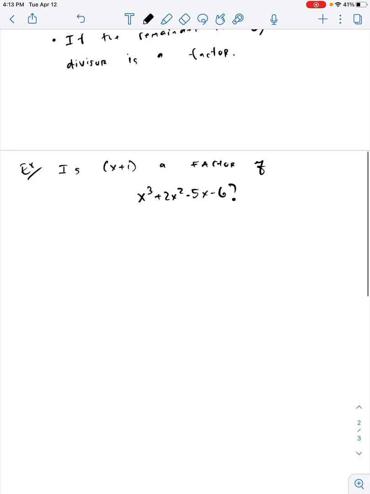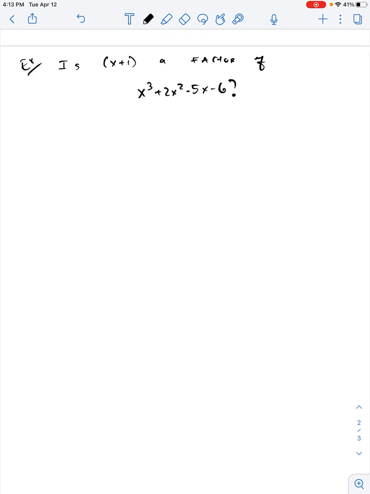So is x plus 1 a factor of this? Well, we have two methods of division, let's not forget. One of them is long division. The second is synthetic division. So we'll start it off with long division first.